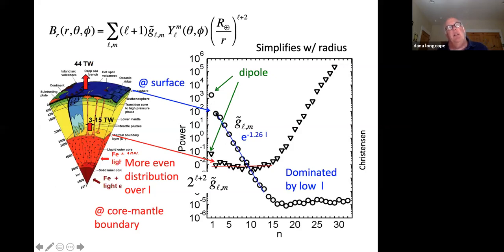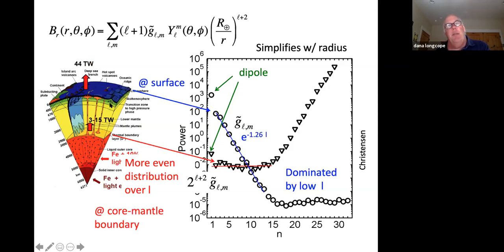I'm not going to get into too many details about this. I hope that Dr. Stanley will fill in what are very interesting but somewhat complicated details about why the dipole moment is slightly higher. But there certainly are quadrupole, octupole, hexadecapole, etc., moments present at the surface.